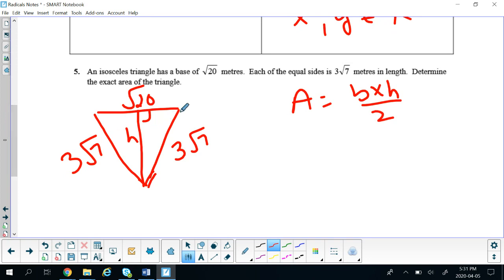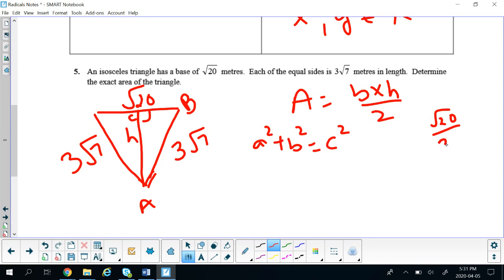To find h, so this is a right angle triangle here. Okay. Let's name this triangle A, B, and C. Okay. So in this triangle ABC, we're gonna use our Pythagorean theorem to find the value of h. Okay, that is a square plus b square equal to c square. So a is square root of 20.